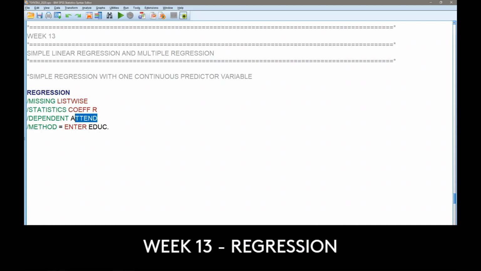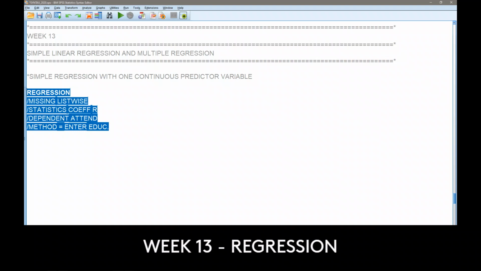In this case, I'm going to use the attend variable, which asks respondents about their frequency of religious attendance or something to that nature. The next line, method equals enter, you put your one predictor variable. In this case, I'm going to use education. Education is the continuous predictor variable.